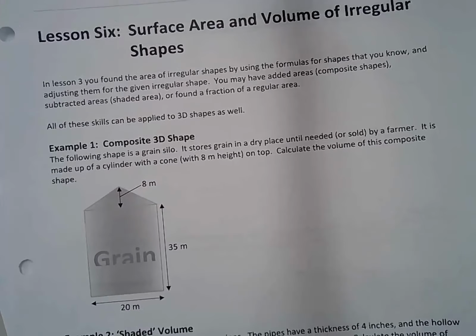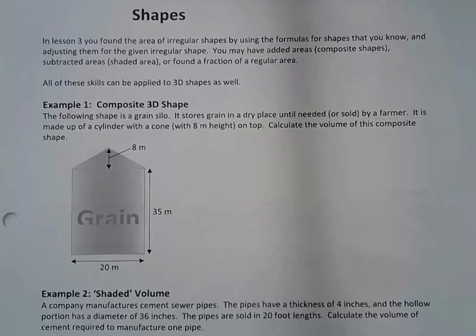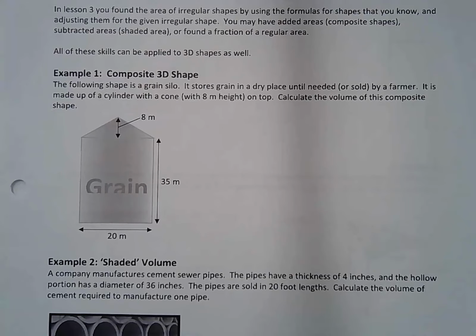Let's read the question for example 1, page 33. It says here, the following shape is a grain silo. I don't know if you've seen that before, but I never really saw this until I came here. That's basically where they store the grain.